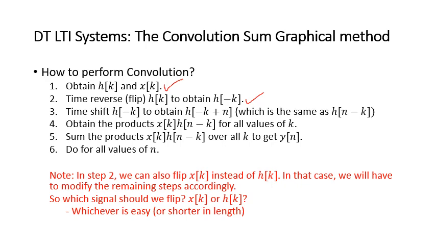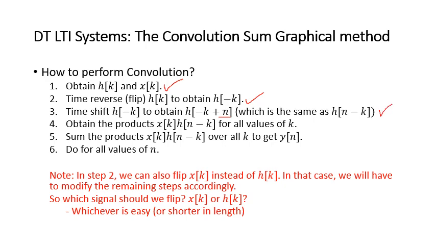For example, if you replace k by minus k in h of k, you get h of minus k. Then the third step is time shift: h of minus k is obtained, and to obtain h of n minus k, we shift the signal by an amount of n.